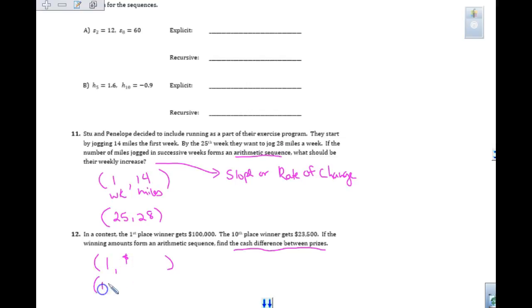If you're the 10th place winner, how many dollars do you get? And it's asking to find the cash difference in the price. That means if we know it's arithmetic, again, what are we trying to find? So think about that as you look at it, okay?